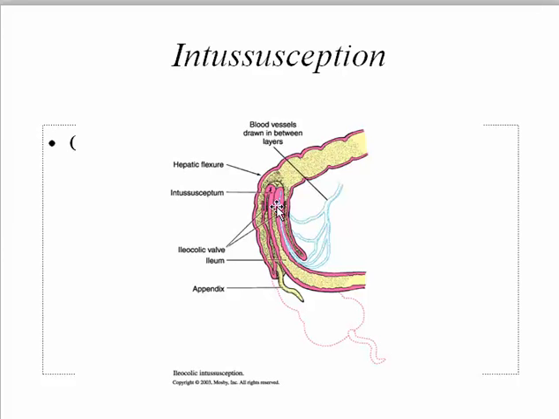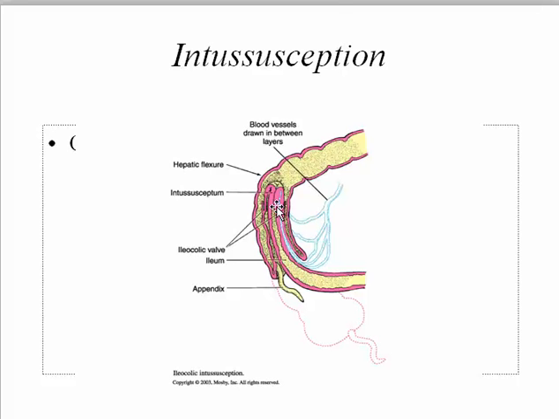So the mesentery is also pulled into the bowel, and as a result the mesentery is compressed. That causes lymphatic and venous obstruction. As a result, there's increased pressure and edema in the area of the intussusception, and the end result is ischemia. Some blood and mucus leaks into the intestine. So this is the cause of the currant jelly stools. So they have currant jelly stools.